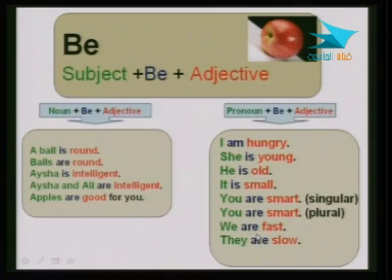And these words here are the verb be, and they are in blue color: am, is, are, and of course all of these. And the red color words are the adjectives: hungry, young, old, small, smart, fast, and slow.